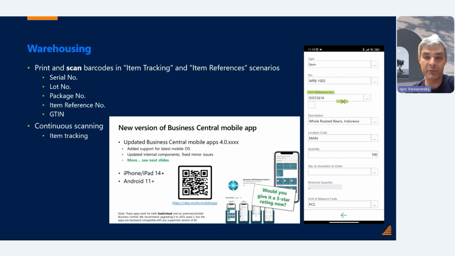But whenever it becomes possible, we can use our mobile devices for continuous scanning in the item tracking scenario: we open item tracking and scan barcodes until we run out of barcodes to scan.